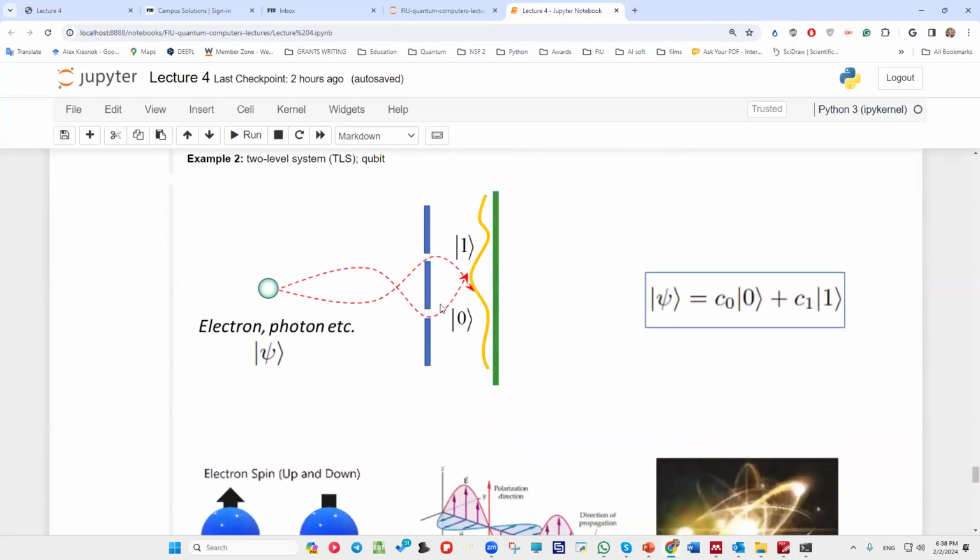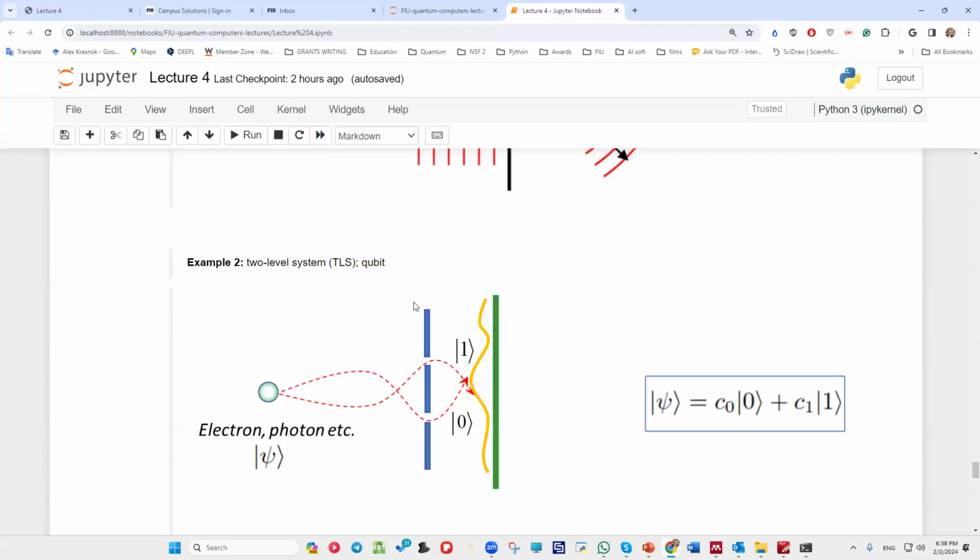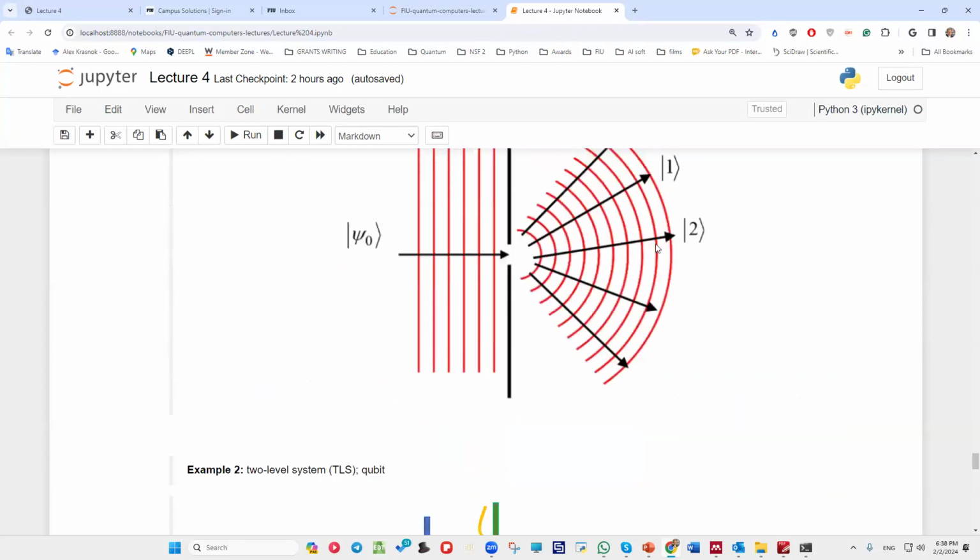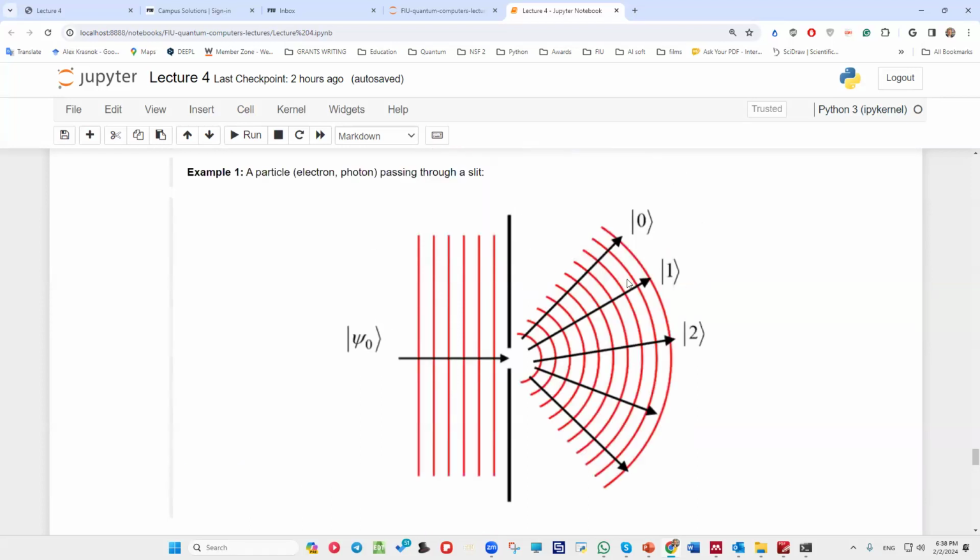Another example is an electron like this. So let's say my electron passed through one slit, and I've got many states for the single electron in which the electron can exist after the slit.